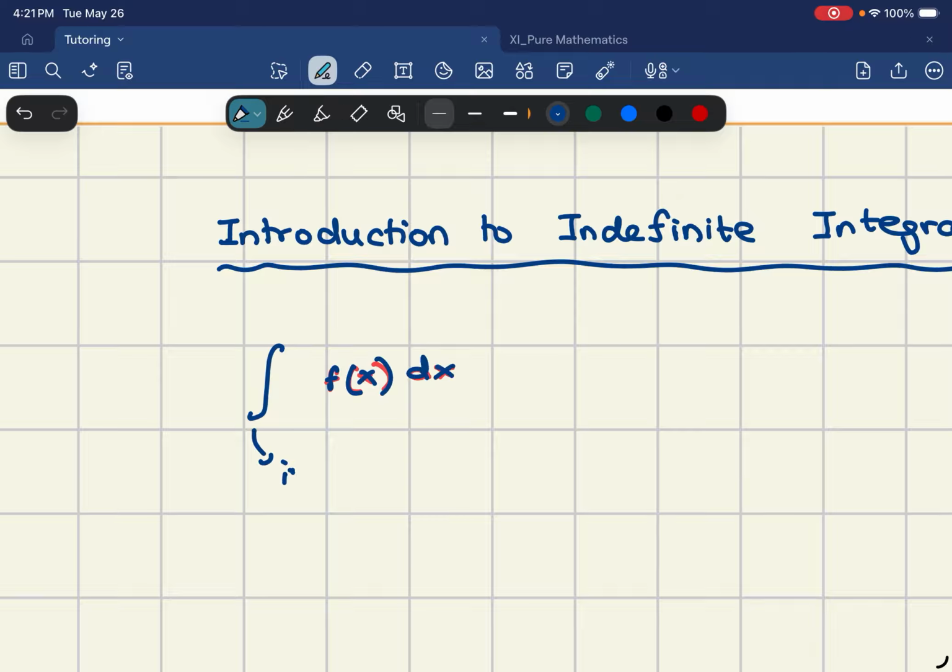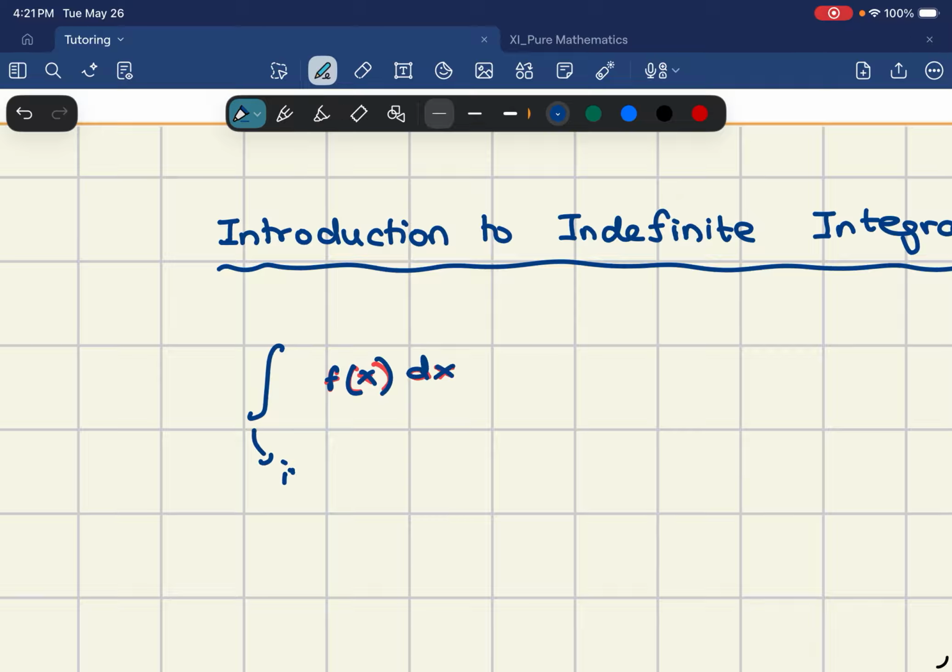So if you have d by dx of f of x, that is going to be f dash of x. If you integrate f dash of x with respect to dx, this is how you express an integral with respect to dx. This has to match with the inner variable x.